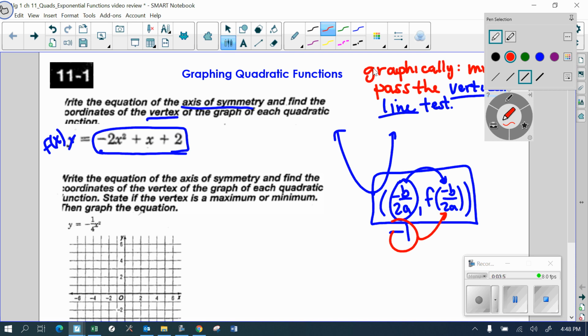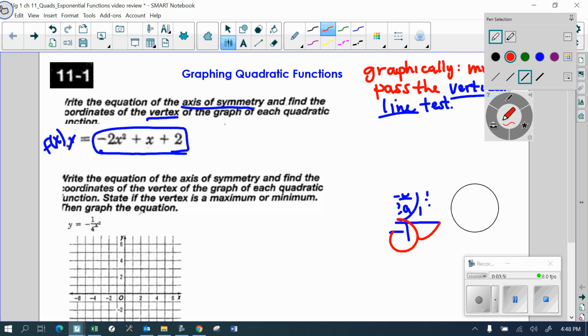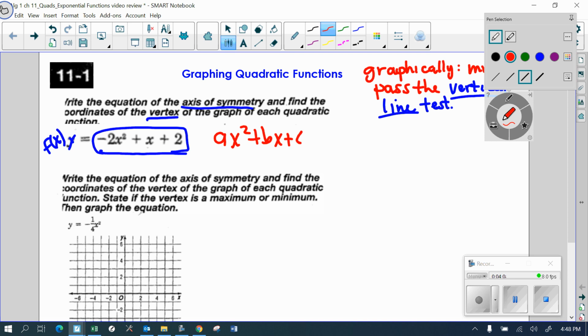All right, so now where does this b and a come from? Well, I have to remember the standard form of a quadratic is ax squared plus bx plus c. So there's my b. That's the coefficient of the linear term. Why do I know it's linear? Because the exponent on the variable is 1. This is called the quadratic term because the exponent is 2.